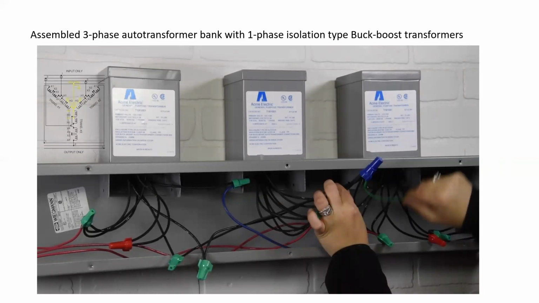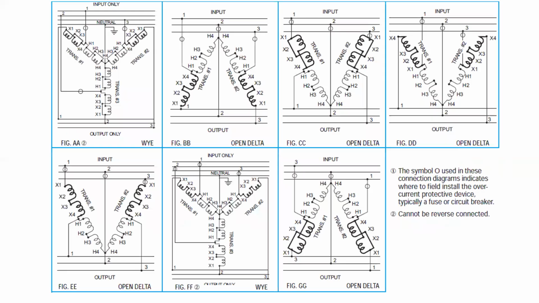We're seeing here a busway or a wireway where these leads are being connected together, and it looks like they're doing a Y auto transformer bank. And we can see here there's a bunch of different Y and open delta orientations. So lots of different options when it comes to auto transformers and how they could be used with single phase buck boost transformers that are just off the shelf. So we'll take a look at these in a later presentation with some calculations.